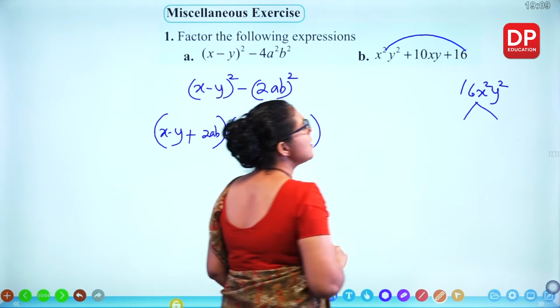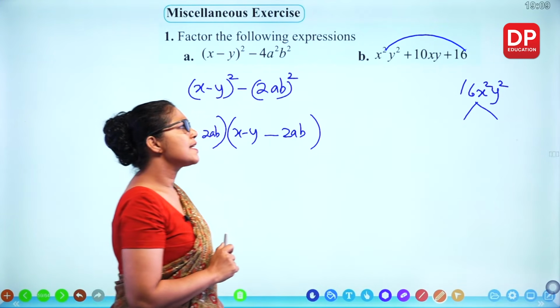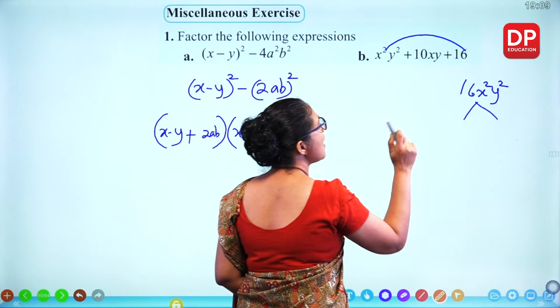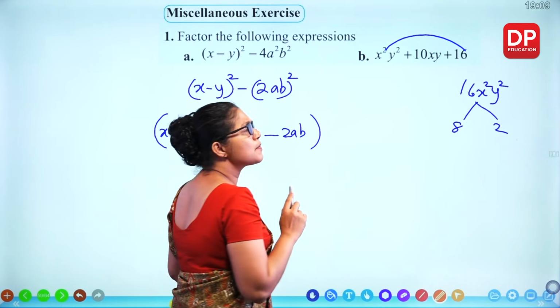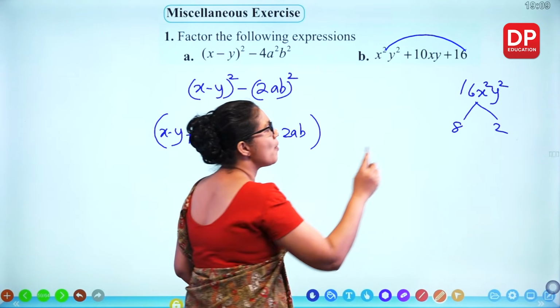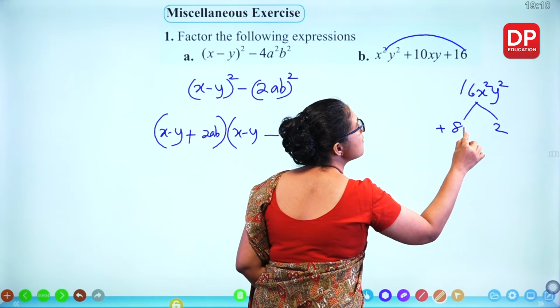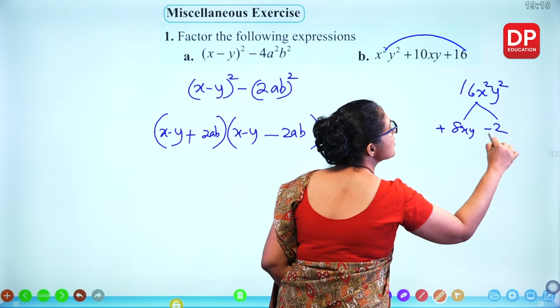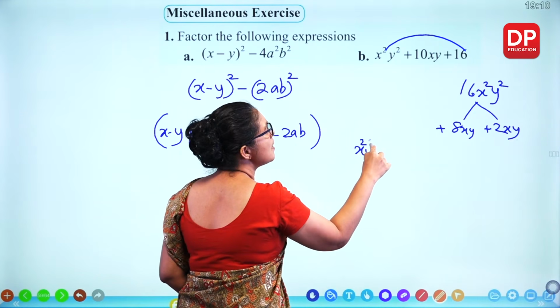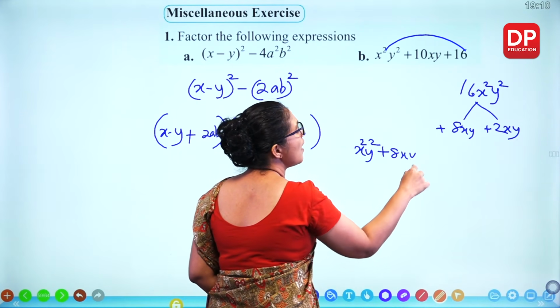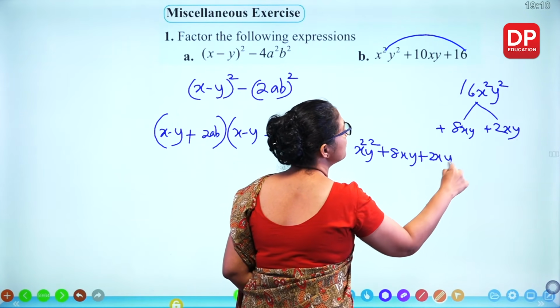So then find what are the factors of 16x squared. Factors are 8 and 2. But the middle term is positive, means both are positive. So you get positive 8xy and positive 2xy. So we can split the middle term to 8xy and 2xy.